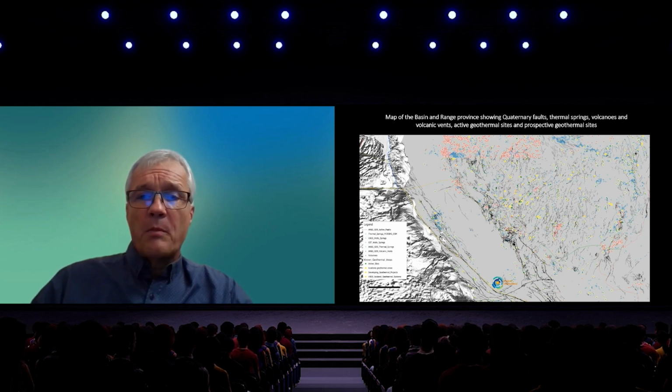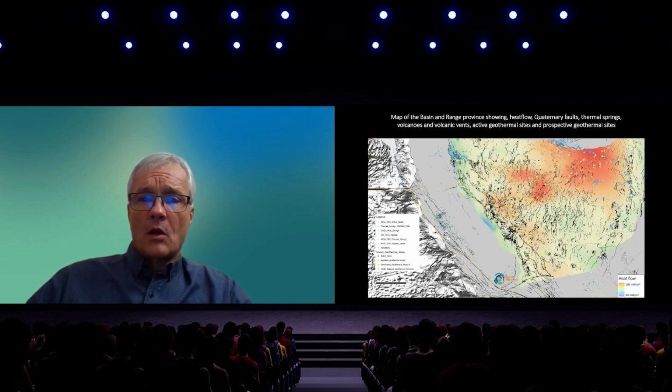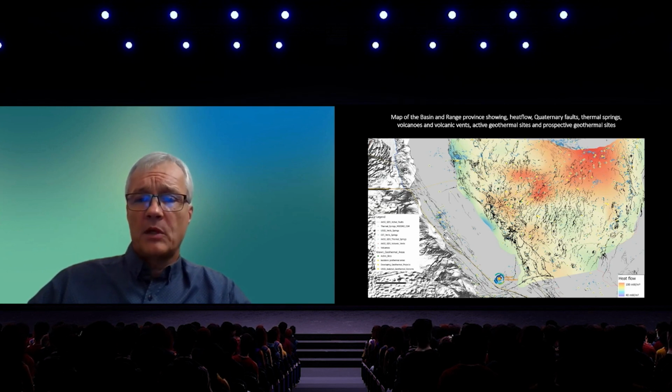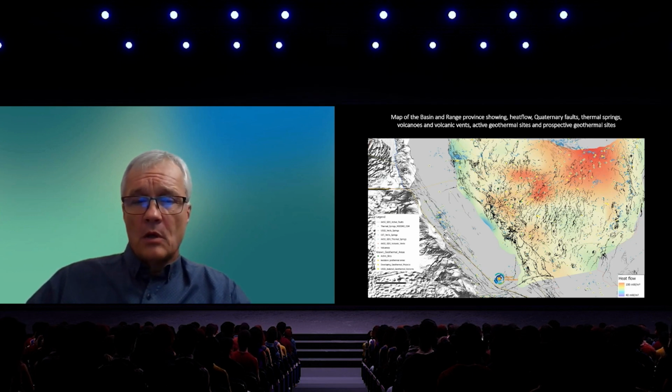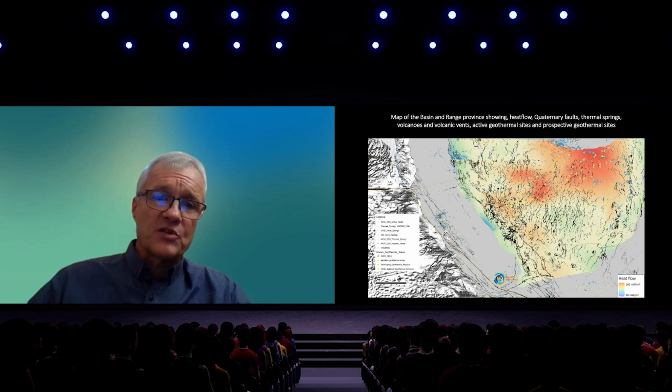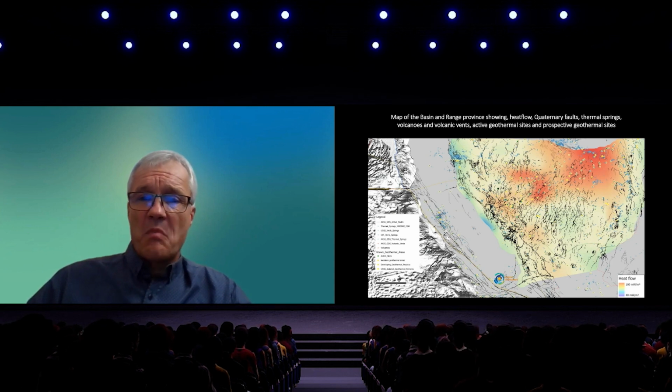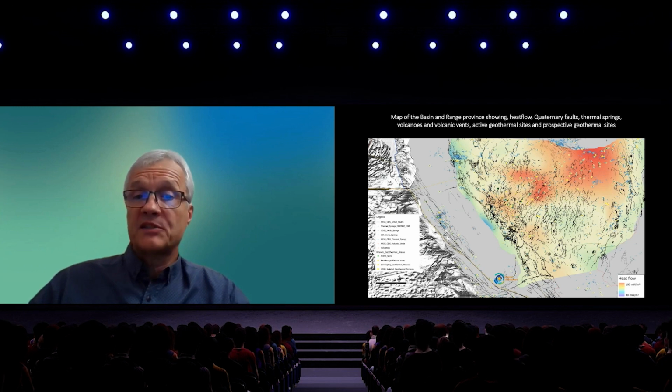When we compare it to a surface heat flow map, and let me make a quick correction, it's in milliwatts per square meter, we don't see those geothermal systems directly correlated to surface heat flow maxima.